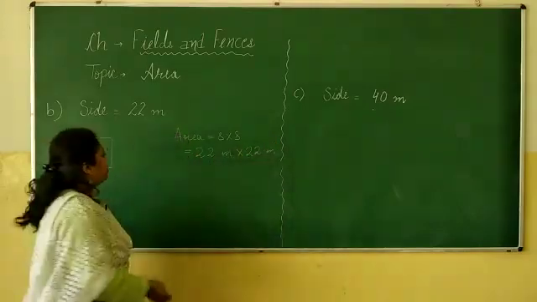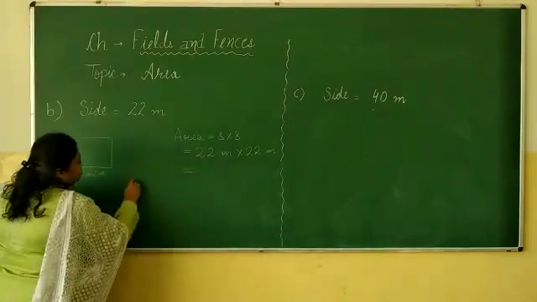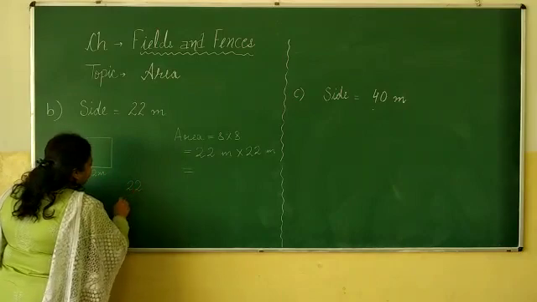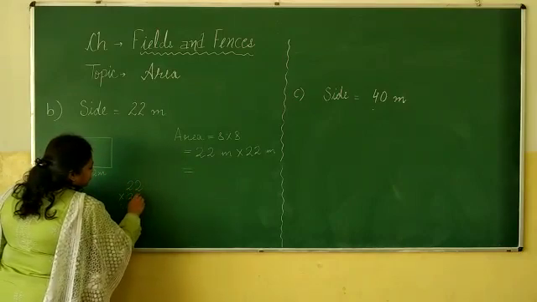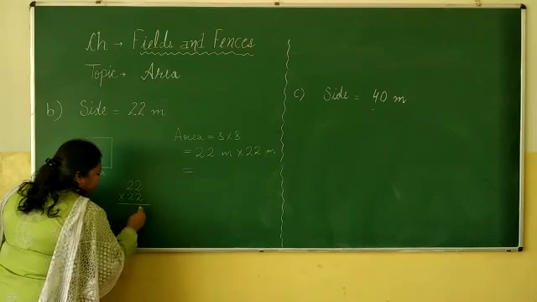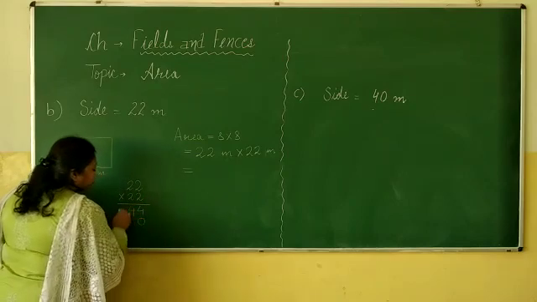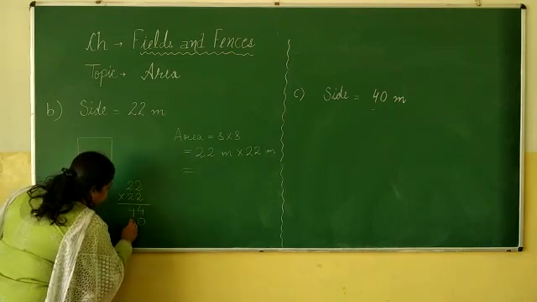Okay children? Now we will multiply 22 by 22. Let's do it by column method. 2 2s are 4, 2 2s are 4. Here you put 0 or cross, whatever you are comfortable with.